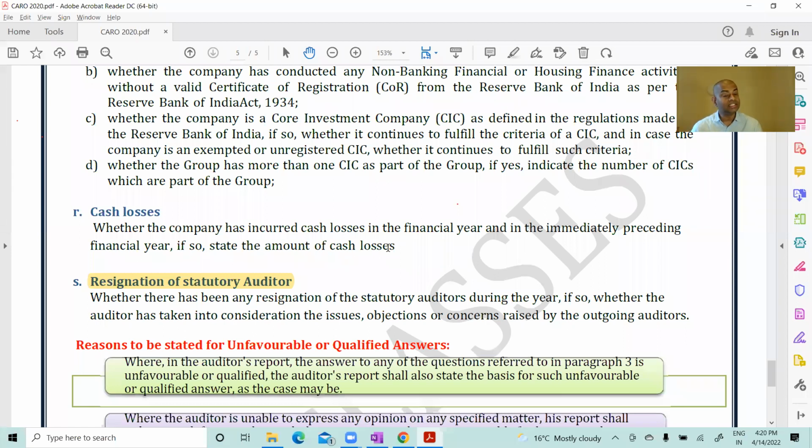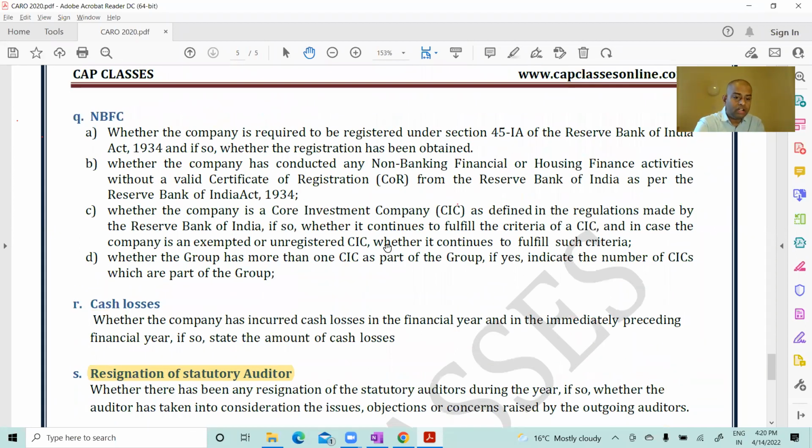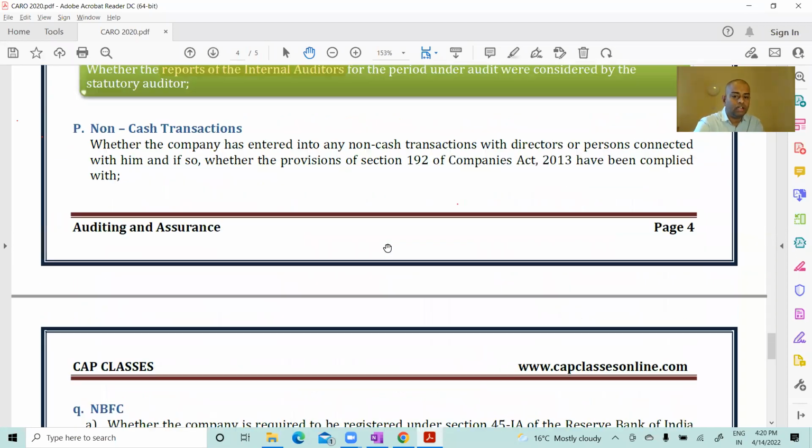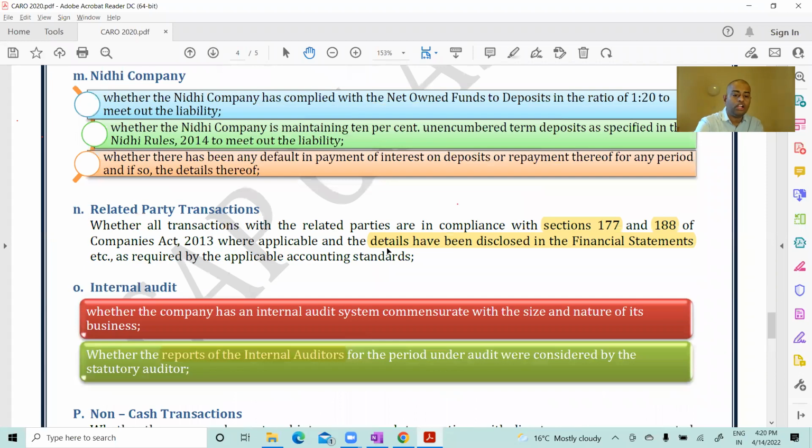Cash losses are considered much more severe and bad compared to accounting loss. If net profit is negative 200 crores, still okay. Cash losses are there, not okay. You understand?